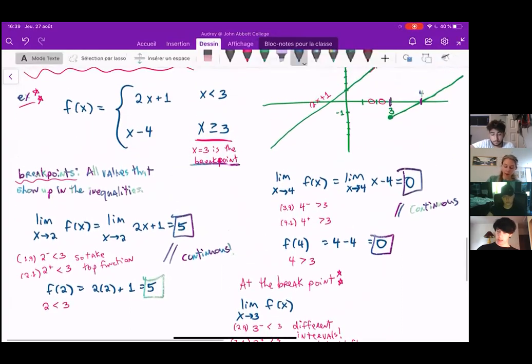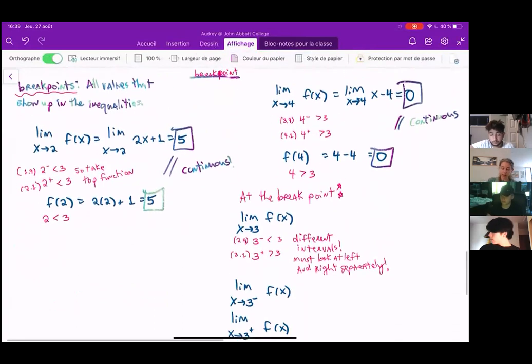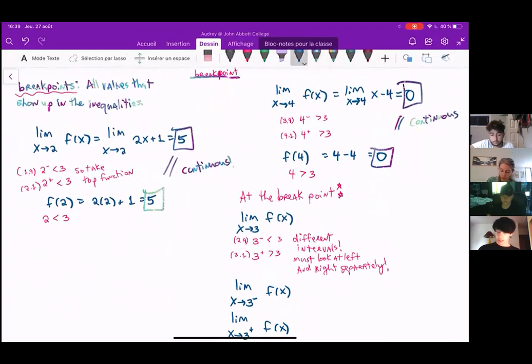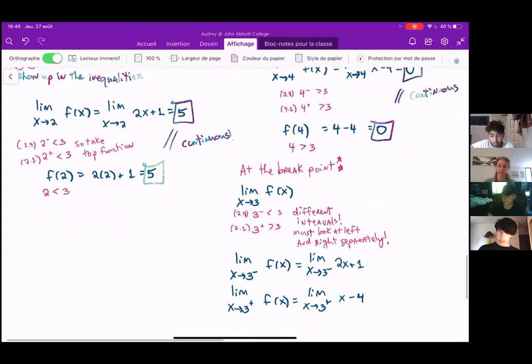Well, we just said that 3 from the left is less than 3 and 3 from the right is bigger than 3. It's going to be helpful to get used to labeling piecewise functions when you see them that way. So I have x less than 3 and x bigger than 3. So on the left side, the function I end up with here is 2x plus 1. Whereas on the right side, the function I end up with is x minus 4.